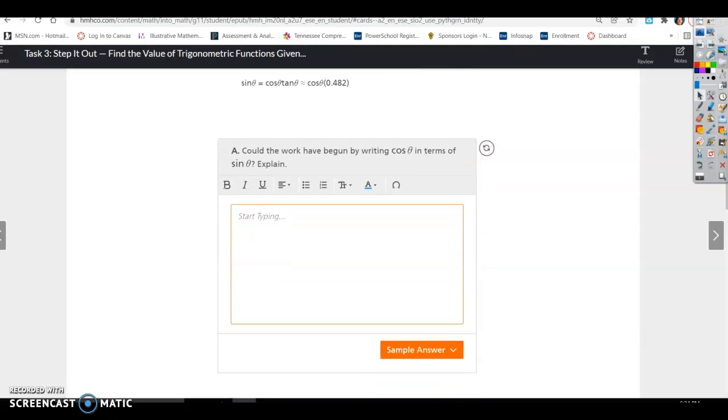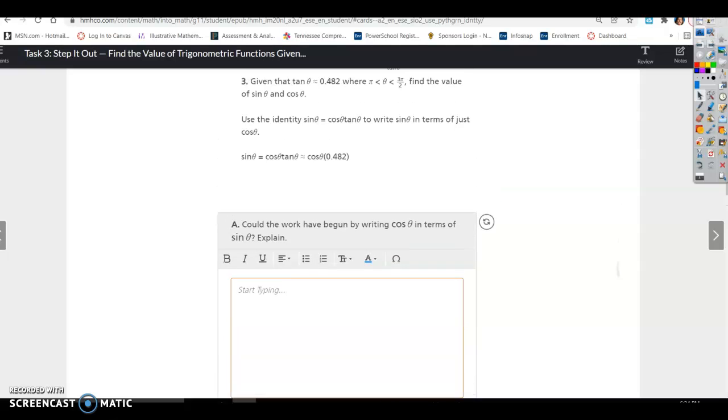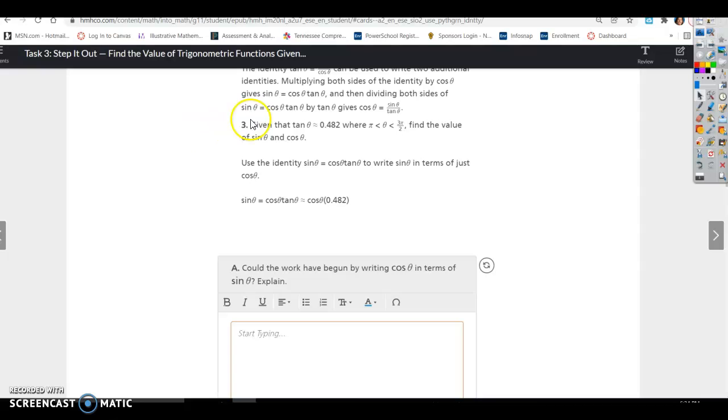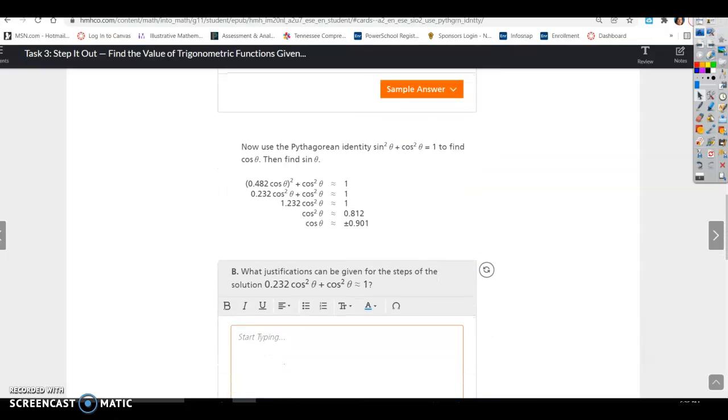All right, so could the work have begun by writing cosine of theta in terms of sine of theta? Yes, all we had to do was use the other identity. Instead of using sine equals cosine times tan, we could have used cosine equals sine divided by tan first, and it would have just switched it.